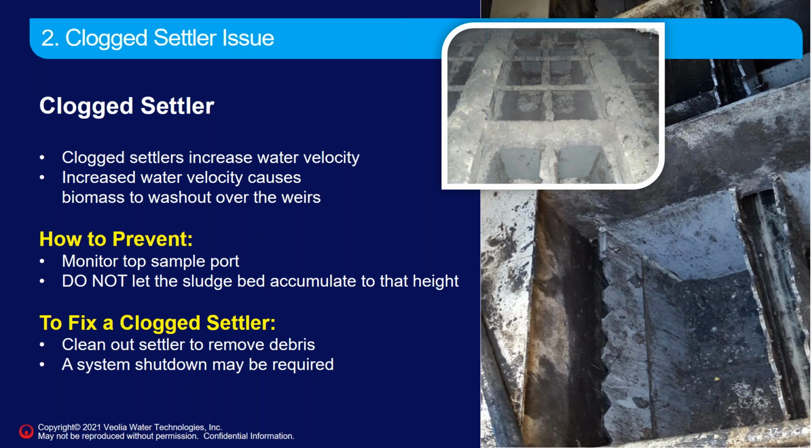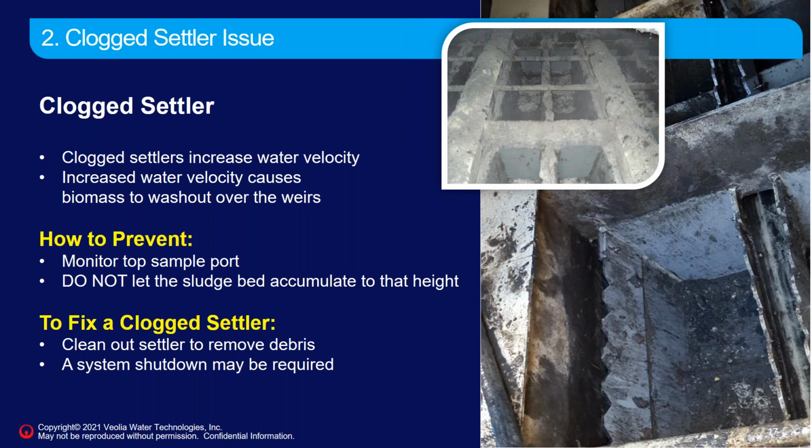We also have sludge sample ports at various heights inside the tank from the bottom. So that's another way: monitoring your sludge bed height on a frequency. I can't remember what we prescribe in our manual, probably every 2 weeks or every month at least, to make sure you don't have sludge that's growing high up into the tank.